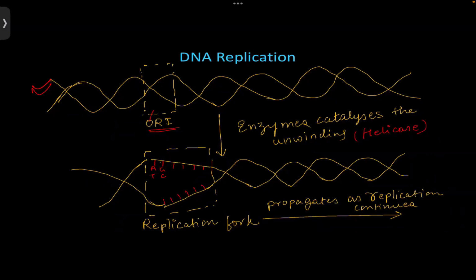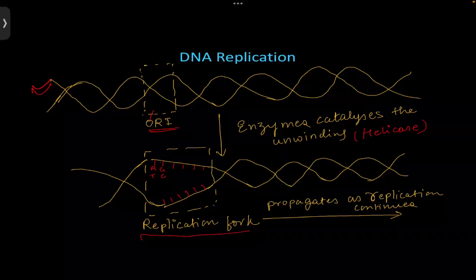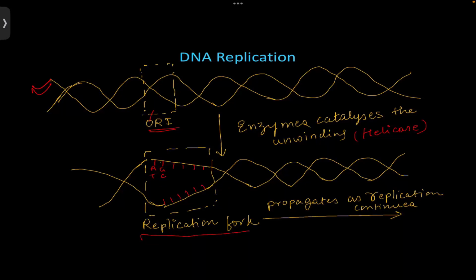So this Y-shaped structure is called the replication fork, and the formation of the replication fork and the catalyzed formation of the new DNA strand happen simultaneously, so that it doesn't take more time.